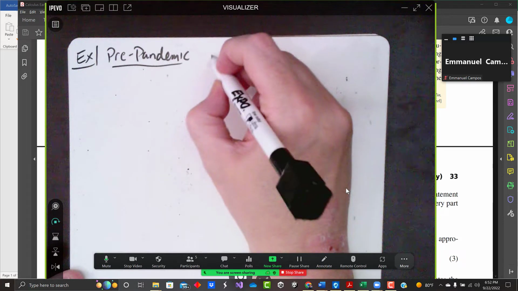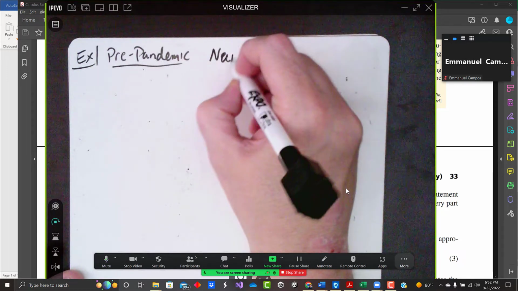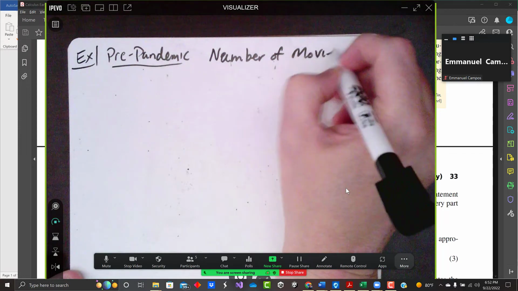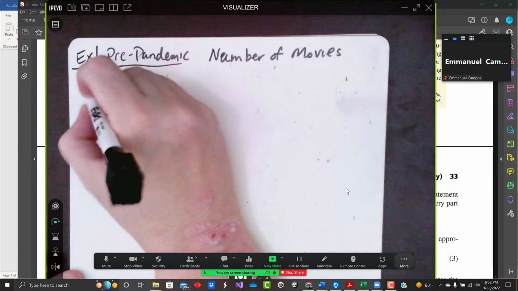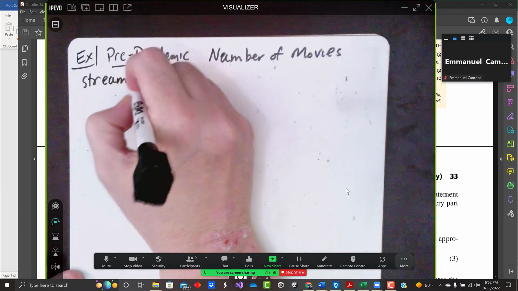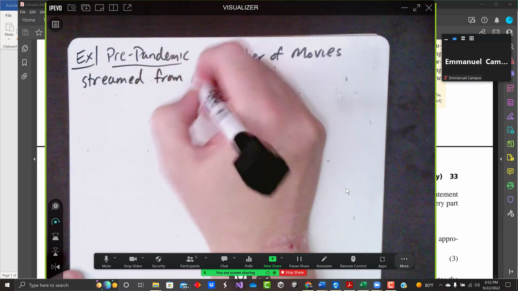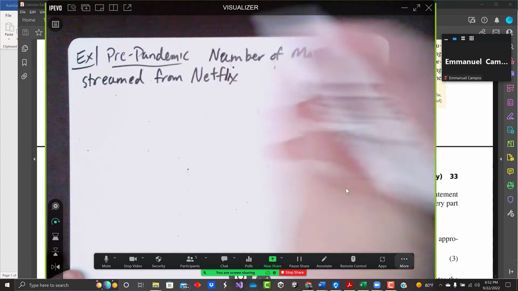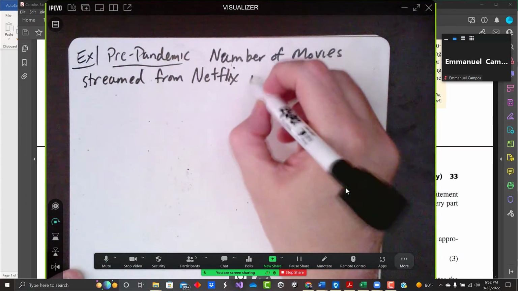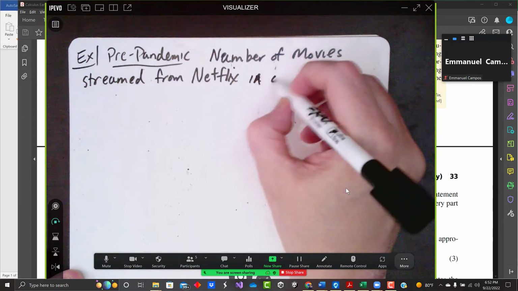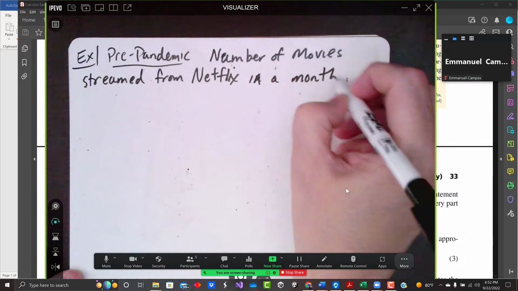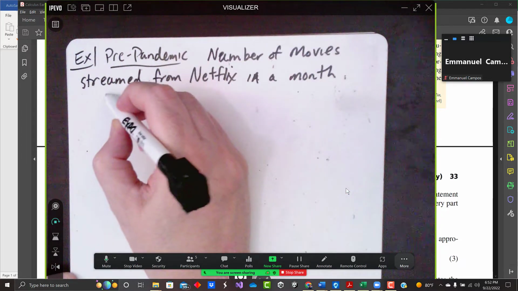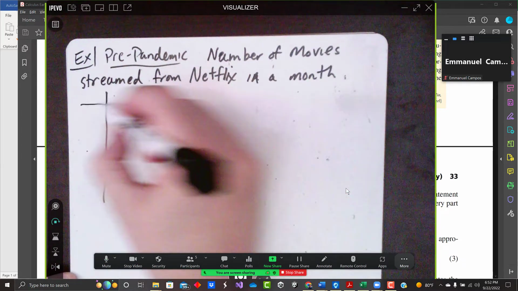The number of movies streamed from Netflix in a month can be given by the following probability distribution.